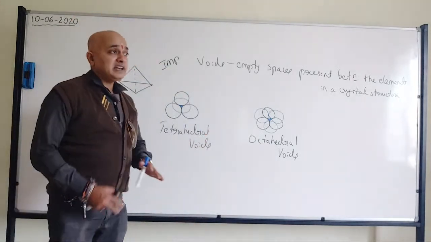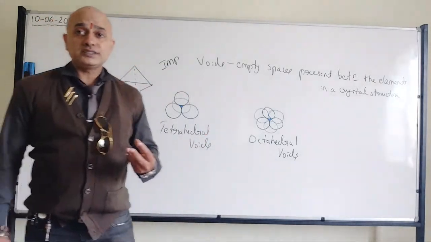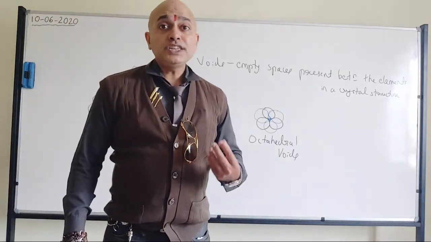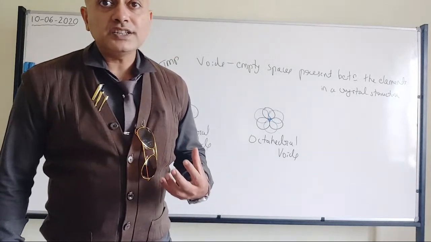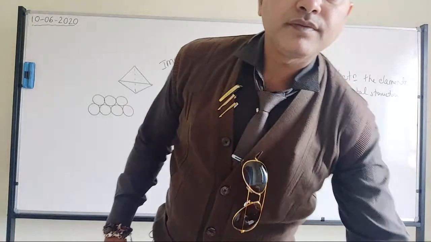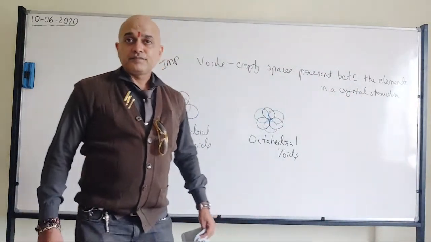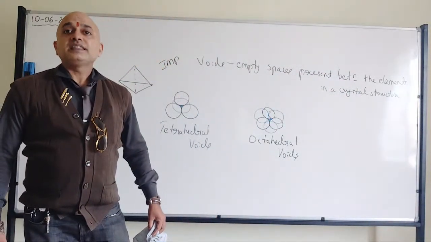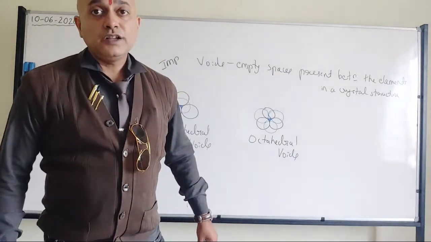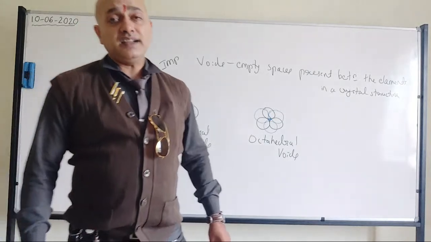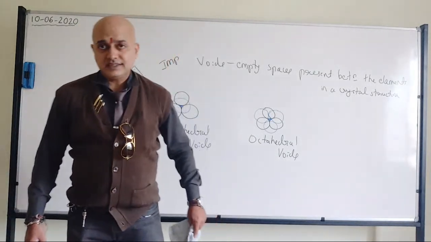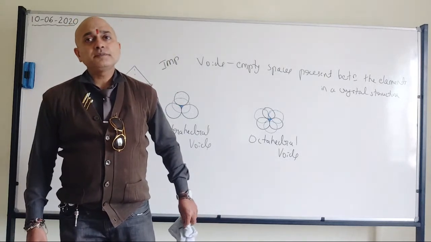So now, when it comes to the size of the voids, which will be larger in size? Tetrahedral or octahedral? Naturally, it should be octahedral voids, which will be of larger size. All of you have understood?